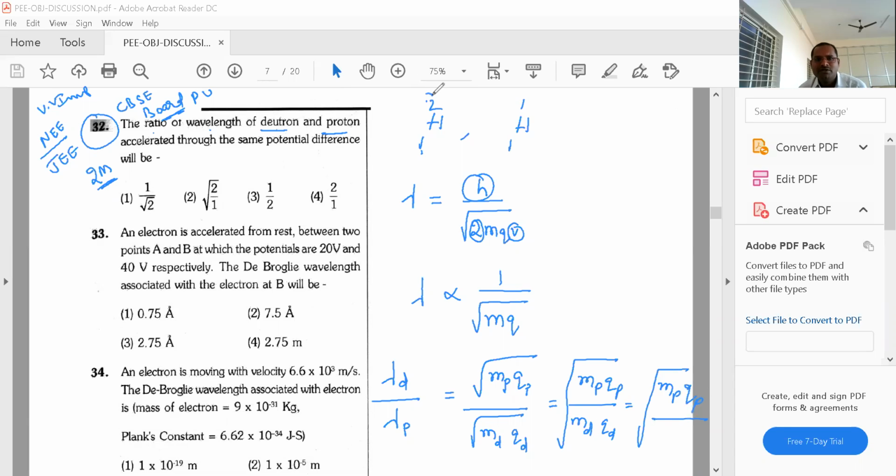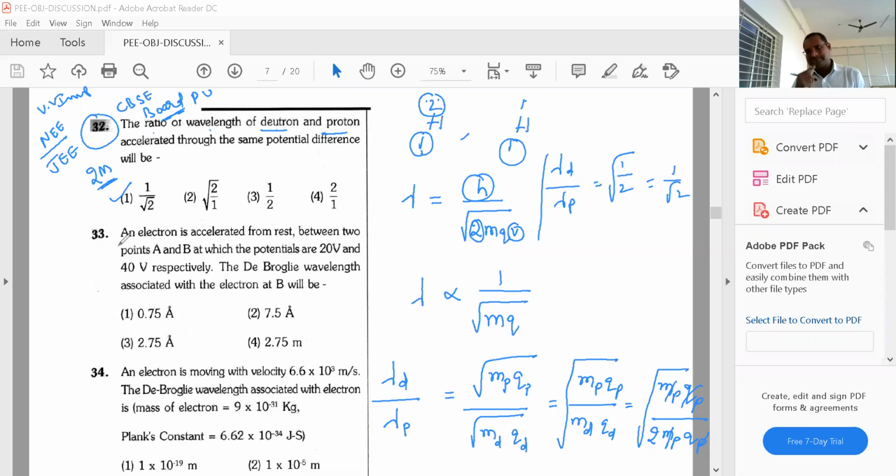Mass of deuteron is 2 times the mass of proton. And the charge will be the same, charge of proton only. This cancels. You got lambda d by lambda p is equal to under root of 1 by 2, means 1 by root 2. Clear? Are you understanding? 1 by root 2 is the answer.